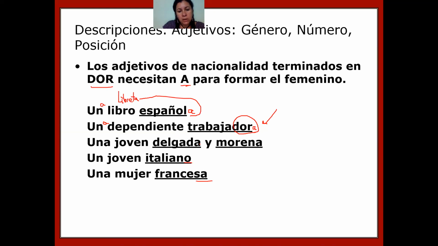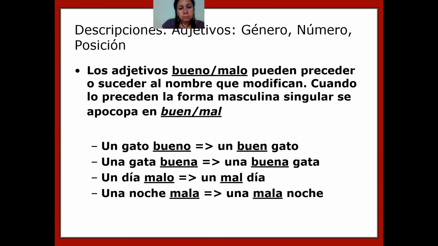Una libreta española. Muy bien. So now adjectives that end in -dor, to have the feminine version, we need to add an A. Trabajador, trabajadora. An adjective of nationality, francés, look at that, francés, francesa, italiano, italiana, español, española. We need to add the A to make it feminine.